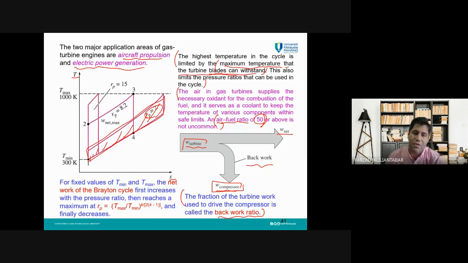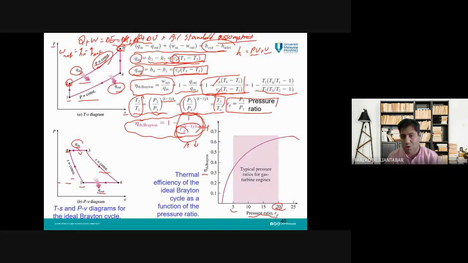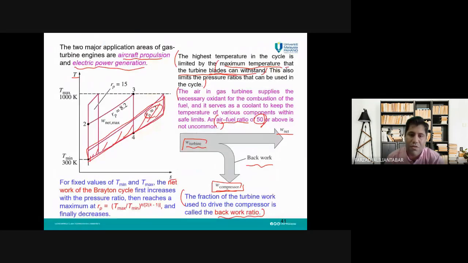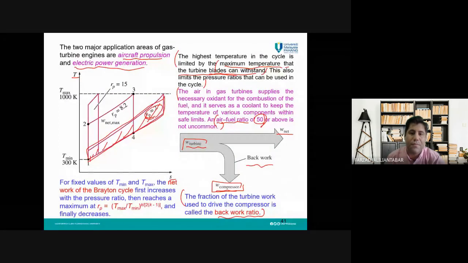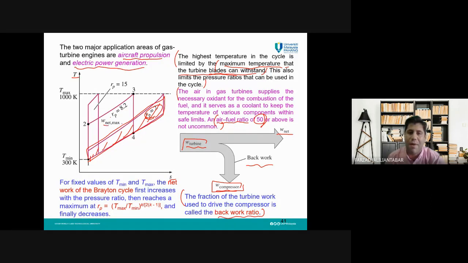When we increase RP, initially the work output of the cycle increases, then it reduces. Based on this equation, we can conclude that. So initially by increasing the RP, W net also increases until it reaches a maximum, then it will start to reduce again.